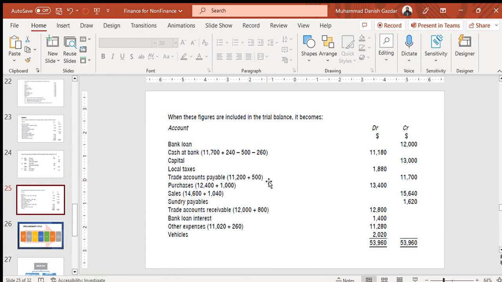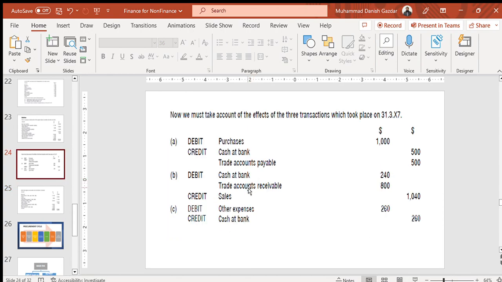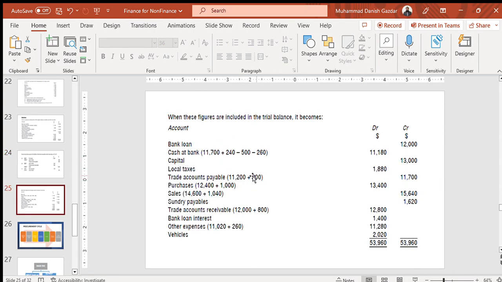You only need to incorporate the adjustments. For payables, you can see the 500 has been added. From where? Here we have a payable which is an increase, so this 500 is being added. In this manner you have drawn up a trial balance and an adjusted trial balance, and you can see that they are balancing. The debit is balancing with the credit.